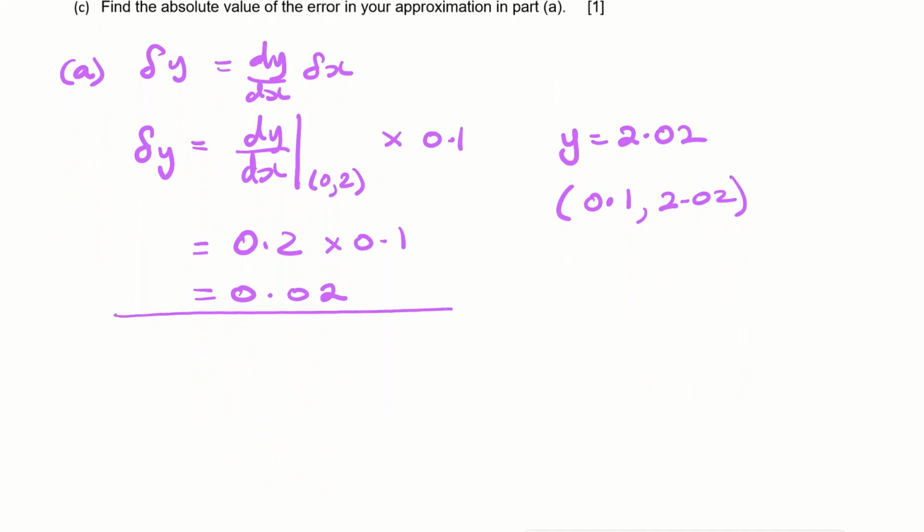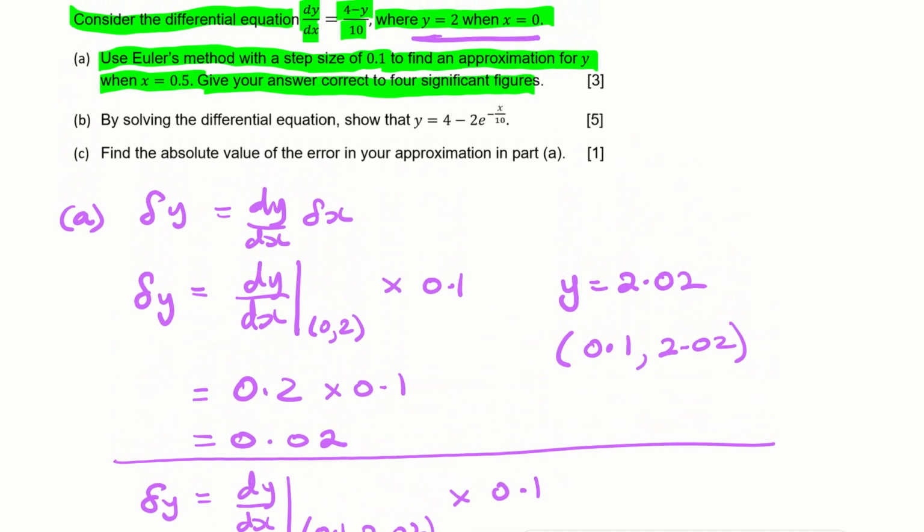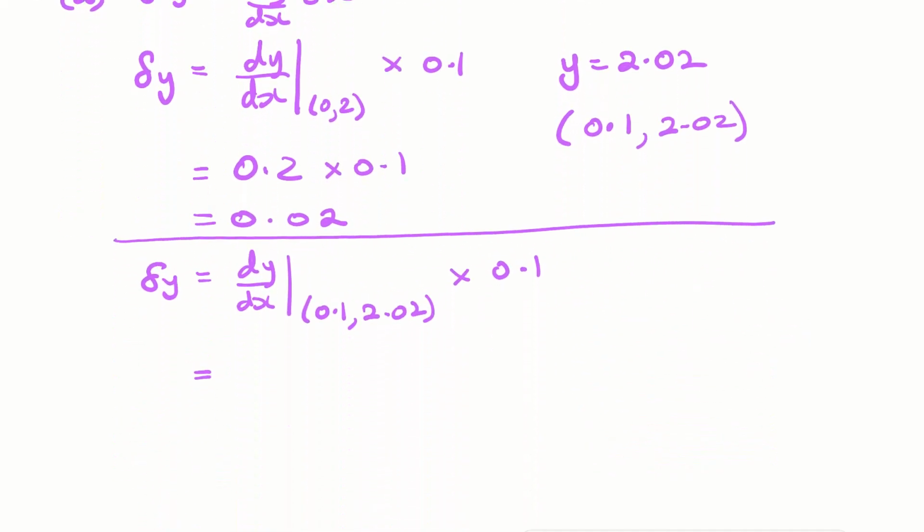Then the second step is delta y is dy/dx, but this time evaluated at (0.1, 2.02), multiplied by 0.1. And so that ends up being, put 2.02 into our differential equation, (4 − y)/10, and we get 0.198 times 0.1, and so that is 0.0198.